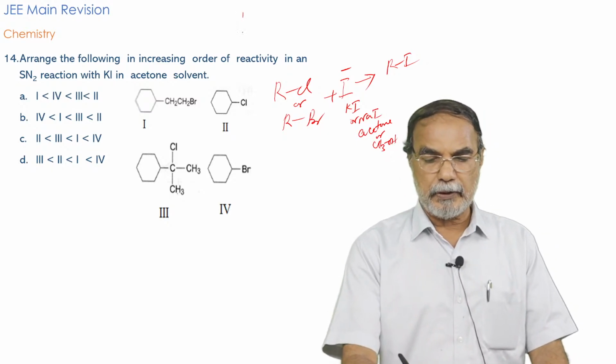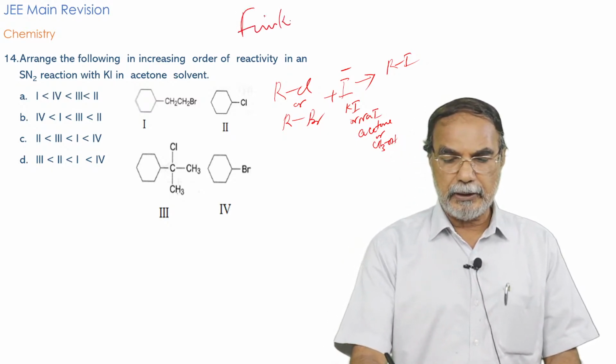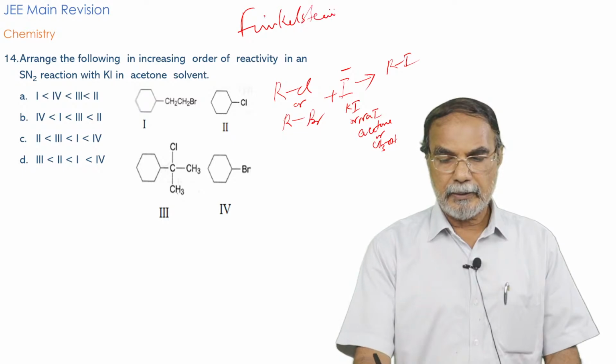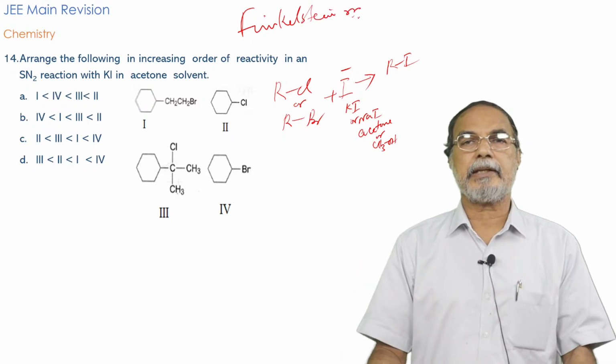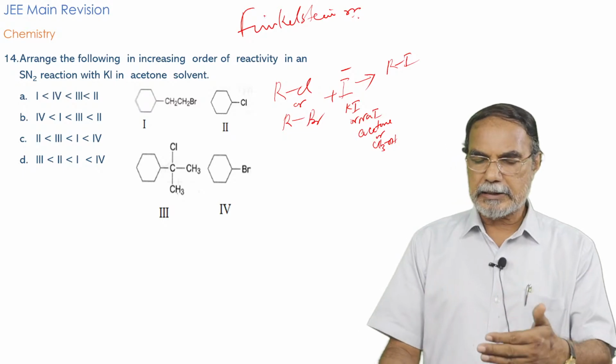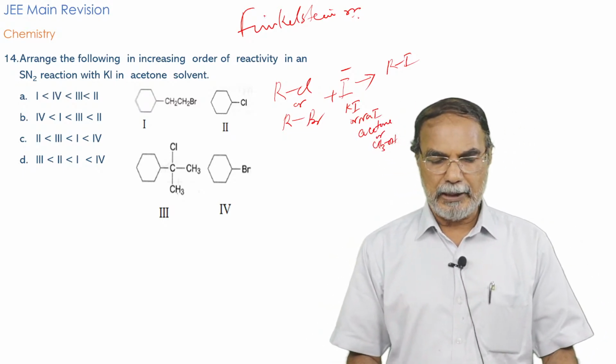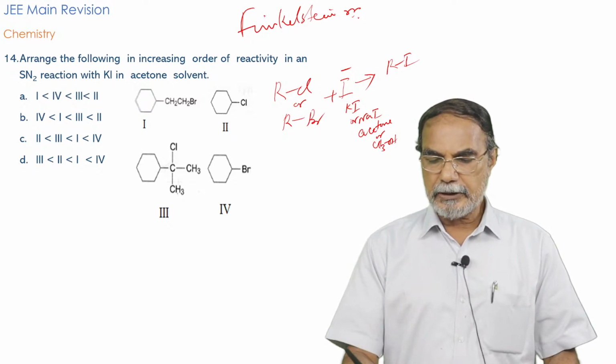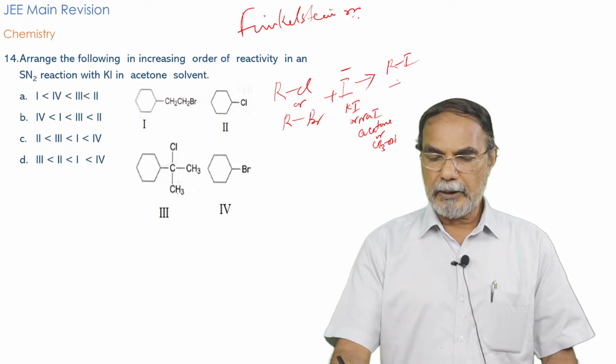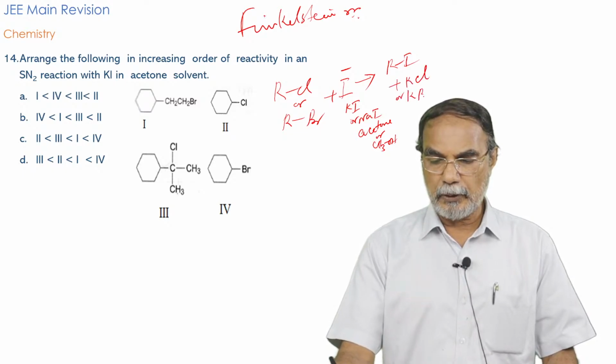This reaction is what you call the Finkelstein reaction. Potassium iodide reacts, and the other product of the reaction will be potassium chloride or potassium bromide.